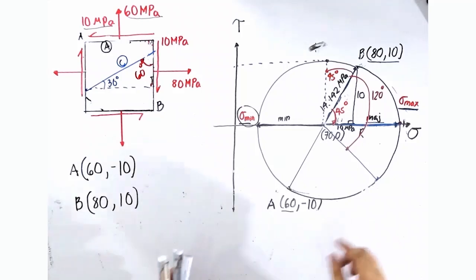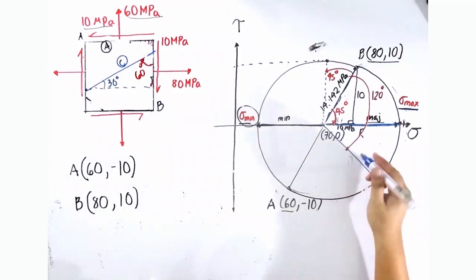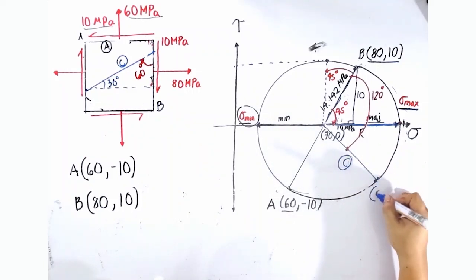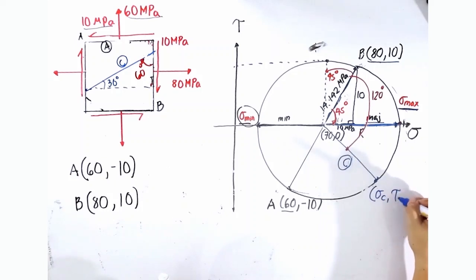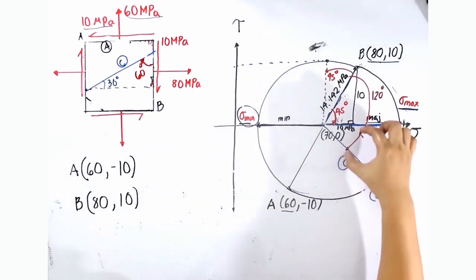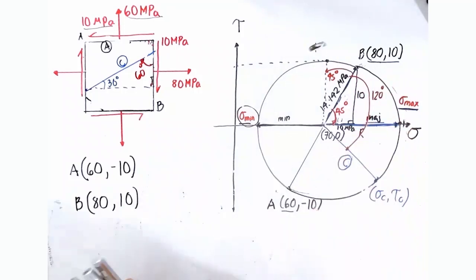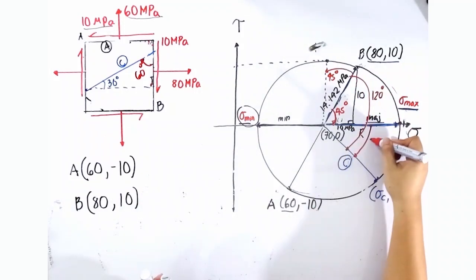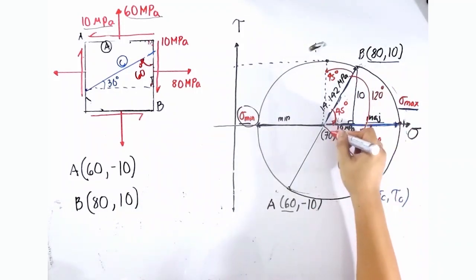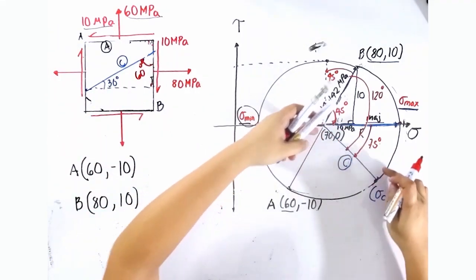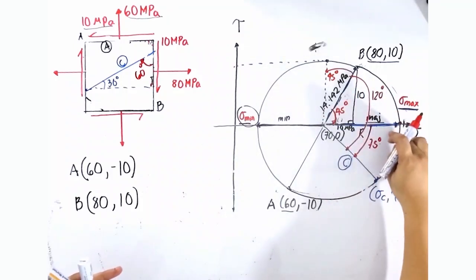So, therefore, this radius is representing the plane C, and the coordinate in which it points to the circumference of the Mohr circle is known as sigma sub C and tau sub C. To solve that geometrically, guys, you should have the angle between this radius and the x-axis, which is 120 minus 45, 75 degrees, meaning the radius that represents plane C is 75 degrees clockwise from the positive x-axis.